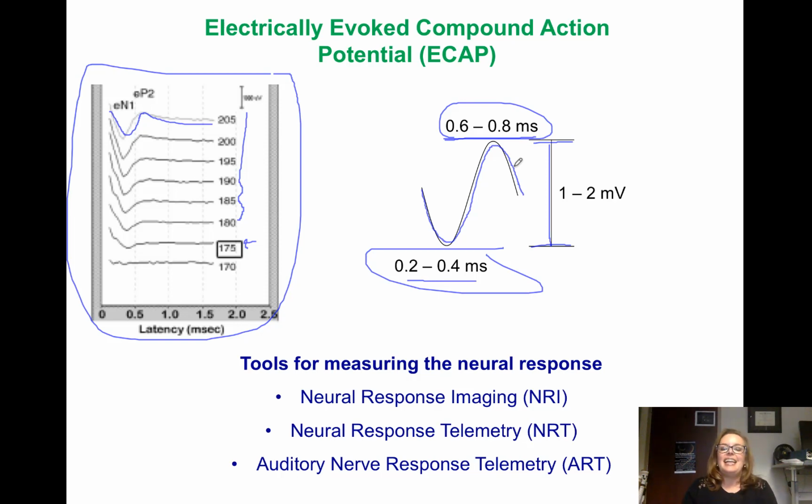The reason is that the ABR is a far field stimulation and far field recording, because you place surface electrodes for an acoustic ABR, or even a bone conduction ABR. With an ECAP, your stimulating electrode and your recording electrode are both near field. They're both there in the cochlea. And so the response that you see is enormous.